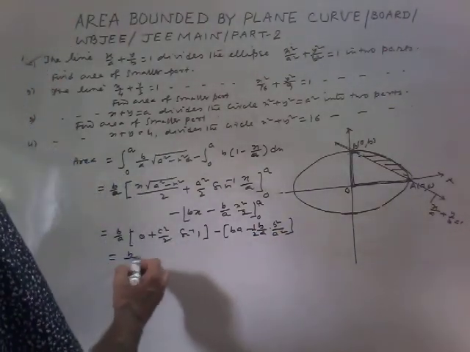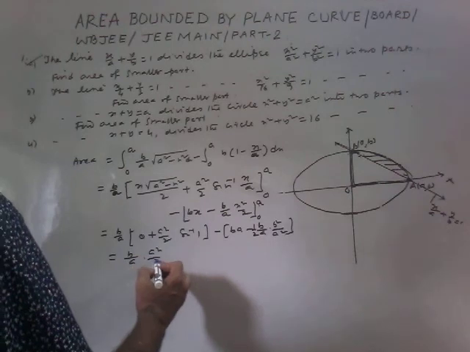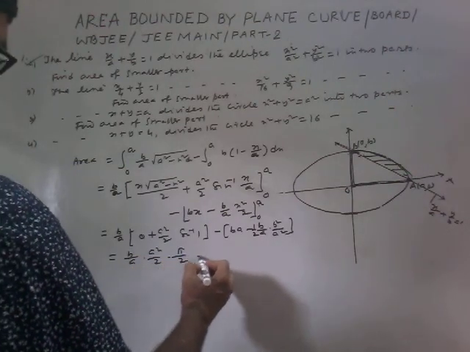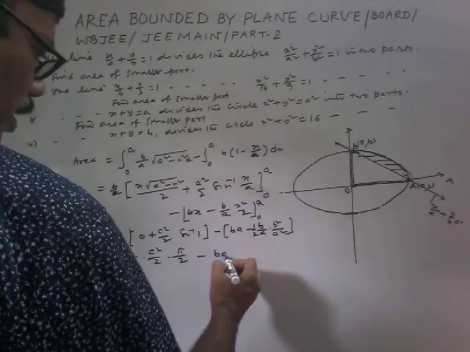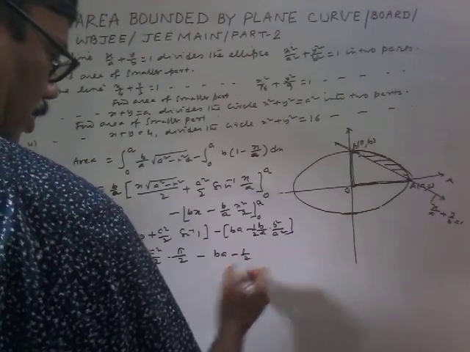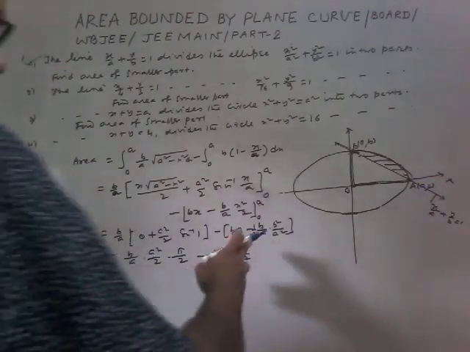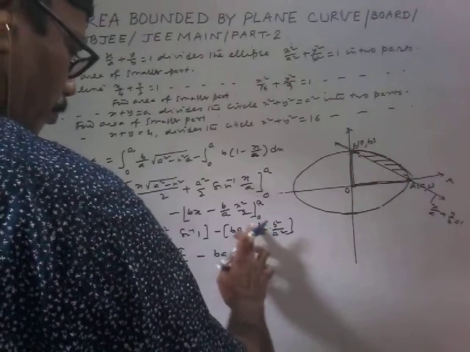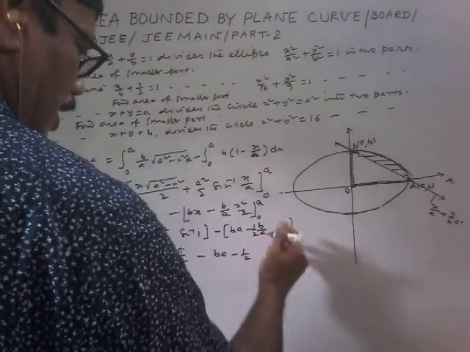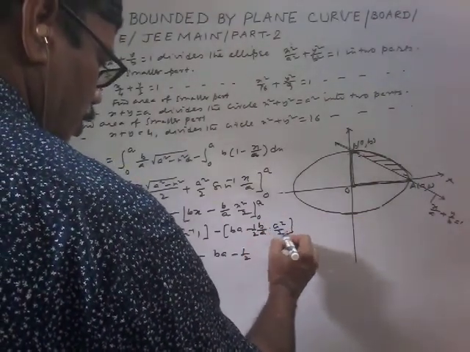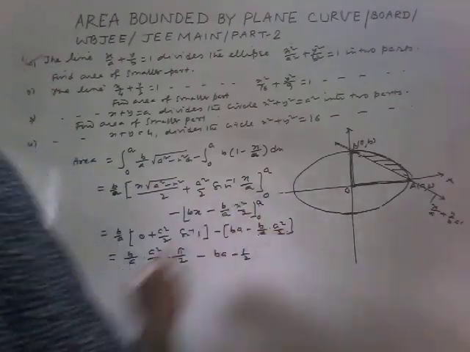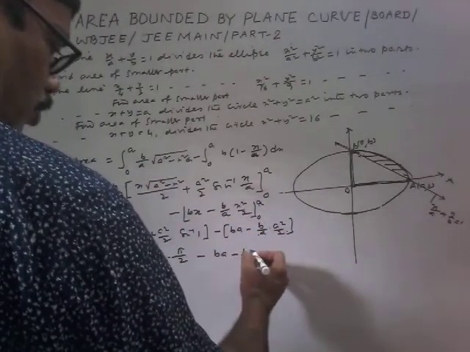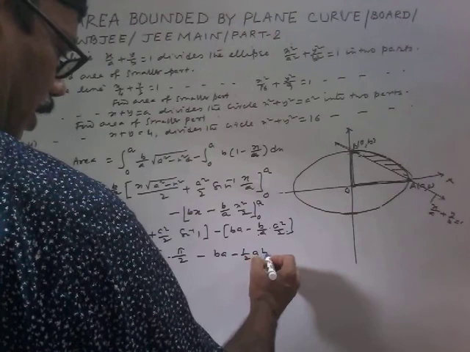So b by a, a square by 2 into pi by 2, minus b by a, a square by 2, so b by a minus half ab.